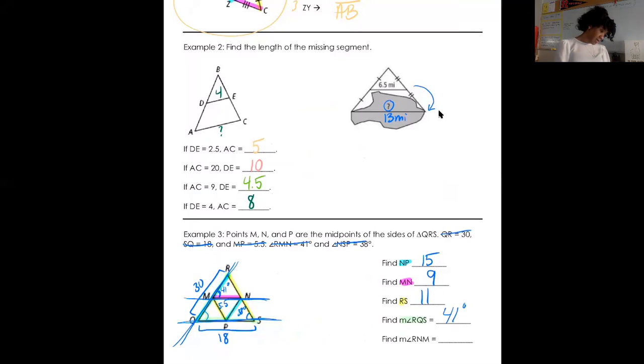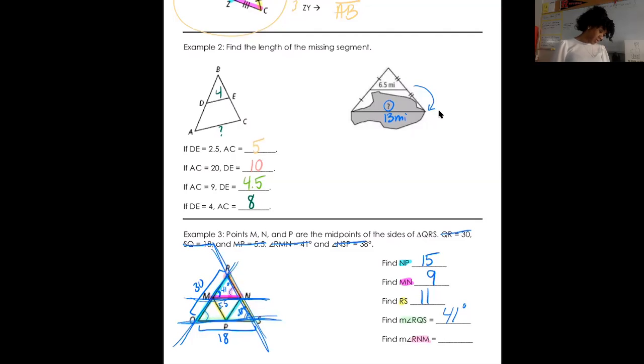And lastly, I'm looking for the measure of RNM, in this order, RNM. So I'm looking for right there. Again, these are two parallel lines, and now this is the transversal.